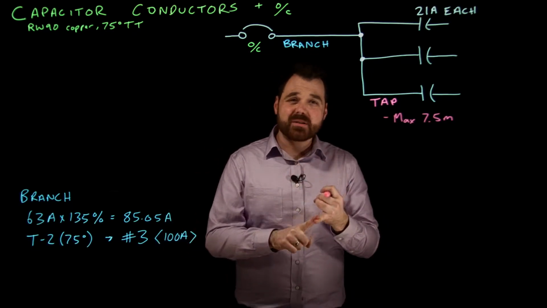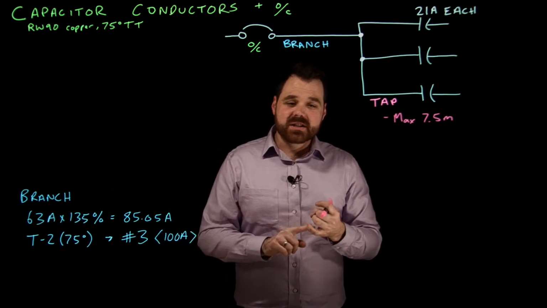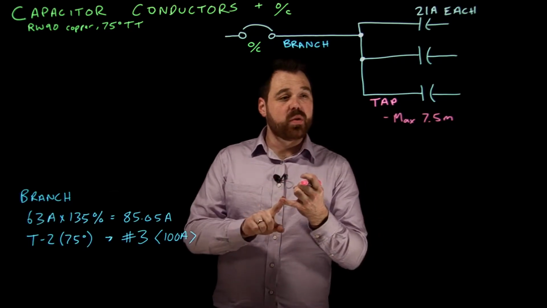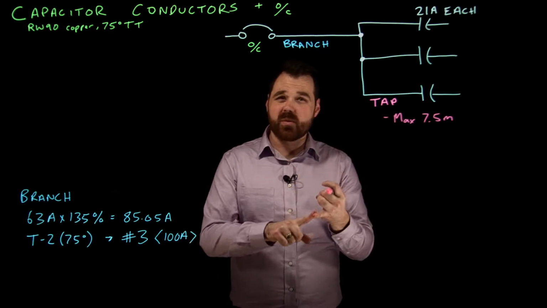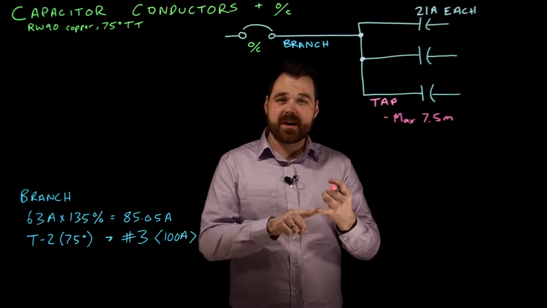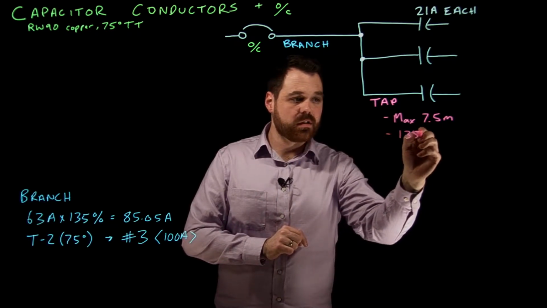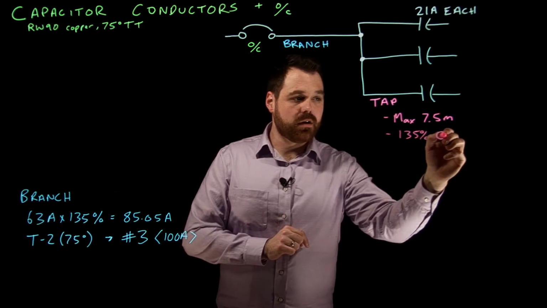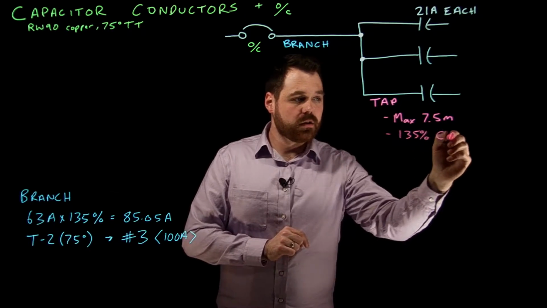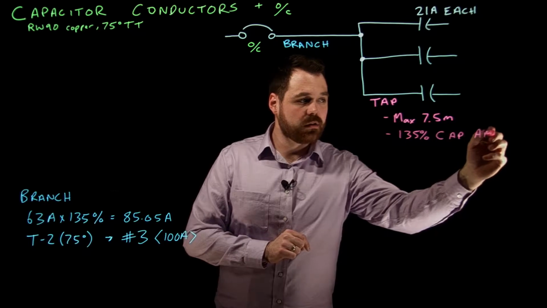So we are allowed to put a tap conductor. Then it says we have to meet the requirements of Sub-Rule 1, which says you have to be at least 135% of the capacitor ampacity.